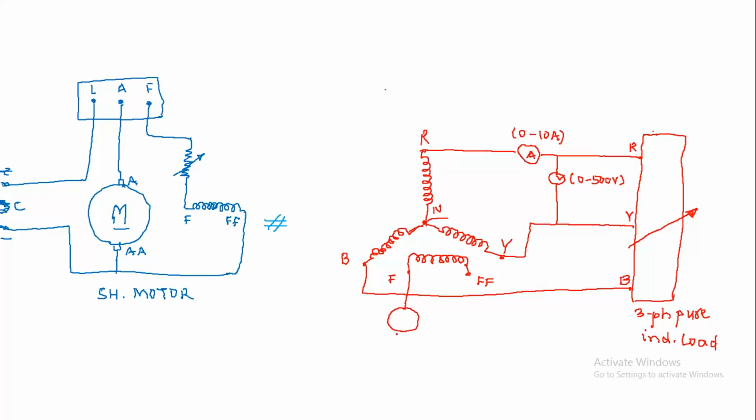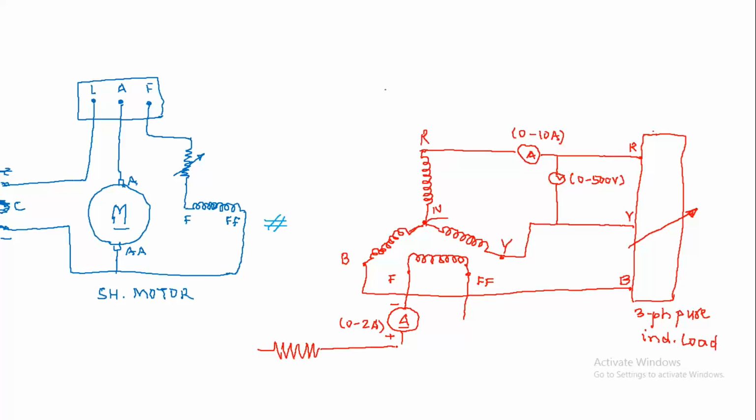Now the field winding you have to connect across the DC excitation, and to measure the excitation you have to connect one ammeter. This is a DC ammeter, MC type ammeter. The range you have to select is 0 to 2 ampere. This is the positive terminal, this is the negative terminal, polarity. Okay? And then to vary the excitation, one rheostat should be there.